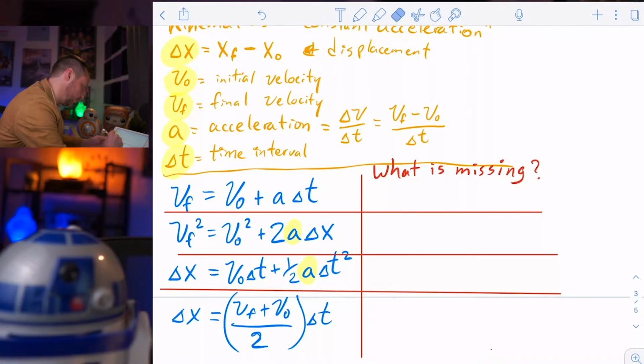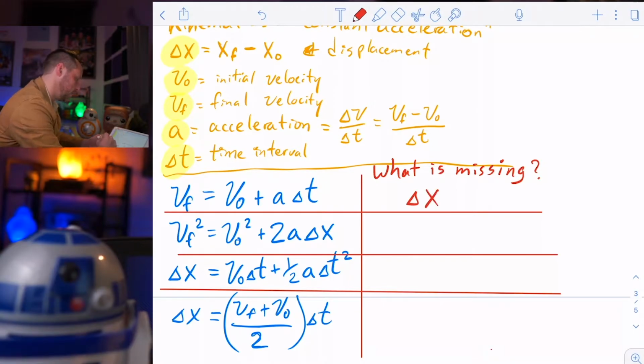So what is missing in each of these equations? In the first one, we have final velocity, initial velocity, acceleration, and change in time. But we don't have displacement. So what's missing there is displacement.